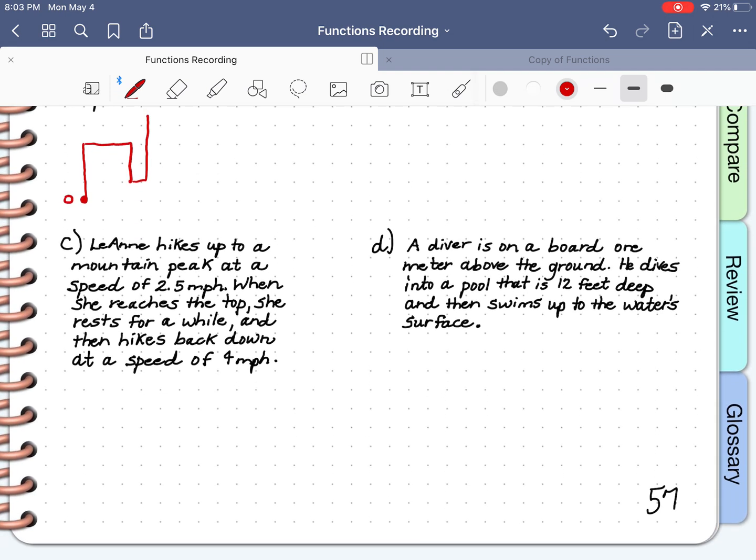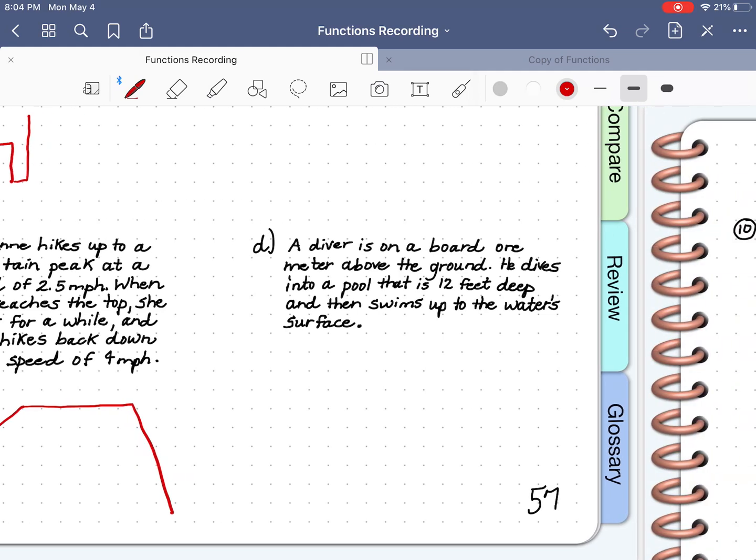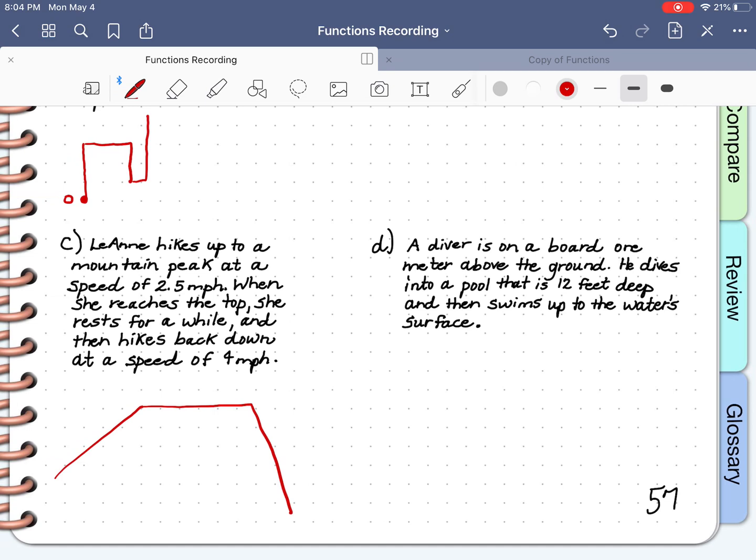C: Leanne hikes up to a mountain peak at a speed of 2.5 miles an hour. So she doesn't just go straight up. If you're hiking up a mountain, you're going to go like that. She reaches the top, she rests for a while, and then she hikes back down at a faster pace. That looks kind of familiar. But let's look at D. A diver is on a board 1 meter above the ground.